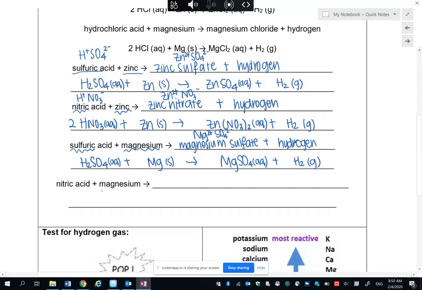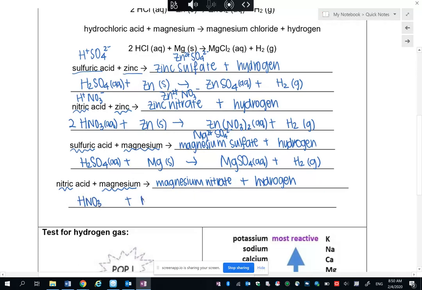The final one, magnesium plus nitric acid. So magnesium plus nitric acid will give you magnesium nitrate. Okay, acid plus metal give you hydrogen gas. So we write the formula. So nitric acid is HNO3.